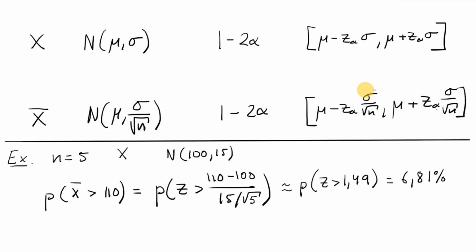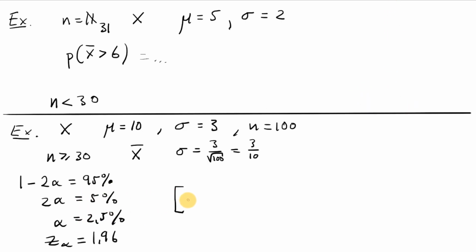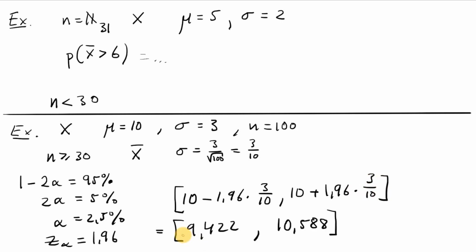Then again, according to this, the mean will be in that interval with 95% probability, and that interval is the expectation value minus set alpha times the standard deviation, this one, and the same with plus. Which is this interval. So with 95% probability, the mean will be in this interval.